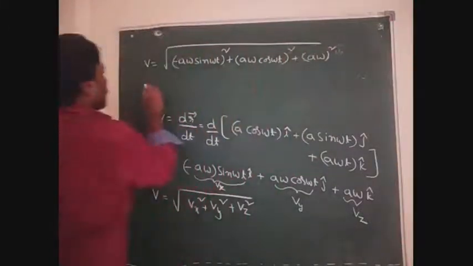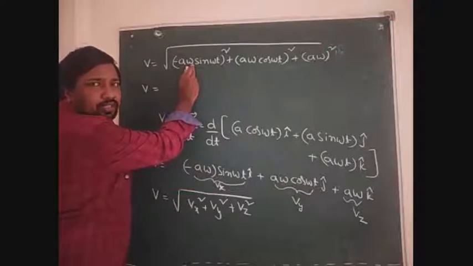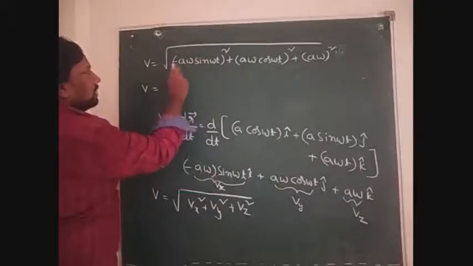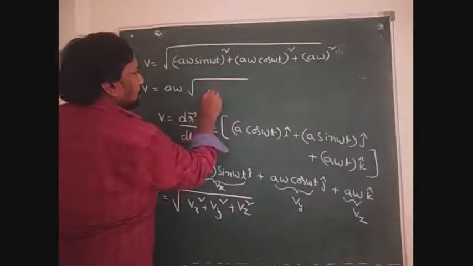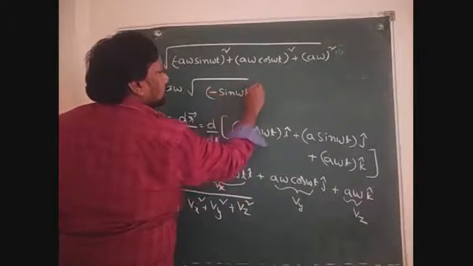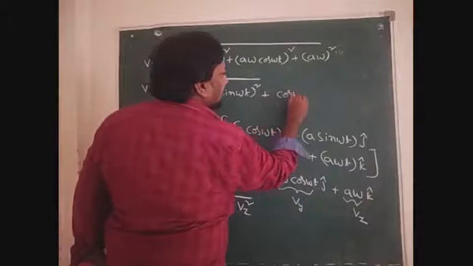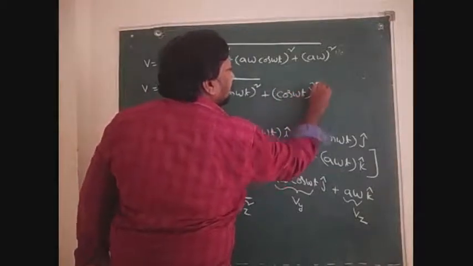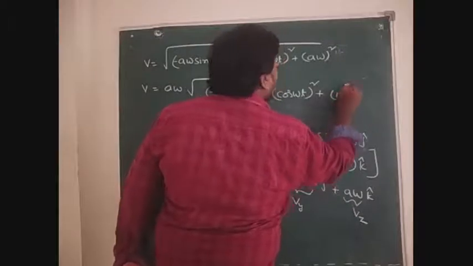In this equation, a square omega square is a common term. So that means a omega root over minus sin omega t whole square plus cos omega t whole square plus 1 square.